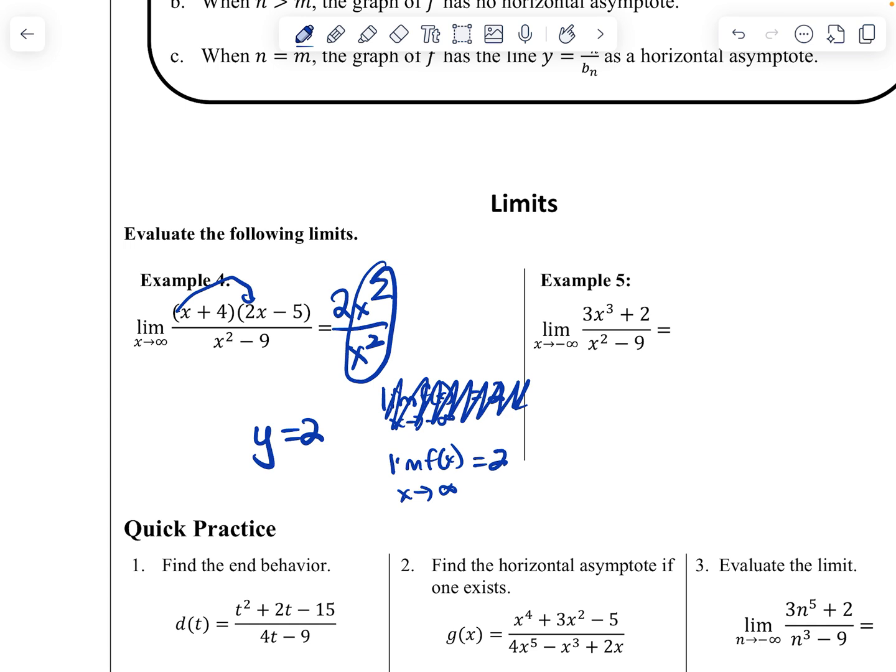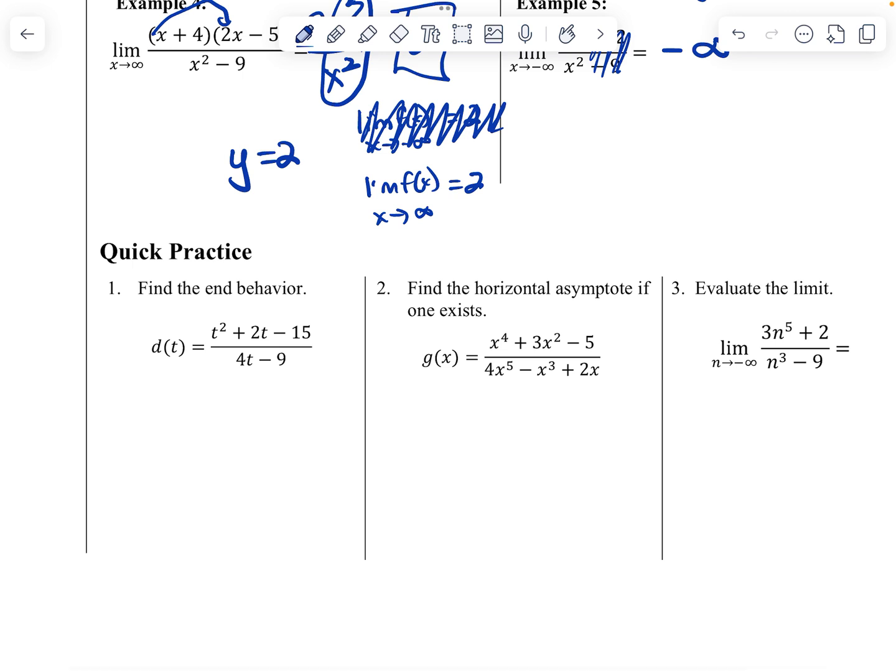So we're just saying that it equals 2. Now the limit as it goes to negative infinity. Let's think about this. 3 times a big negative cubed is a negative big number, and this would just become a big number. So it's going to still be a big number, but a negative big number. So we would say it goes to negative infinity.